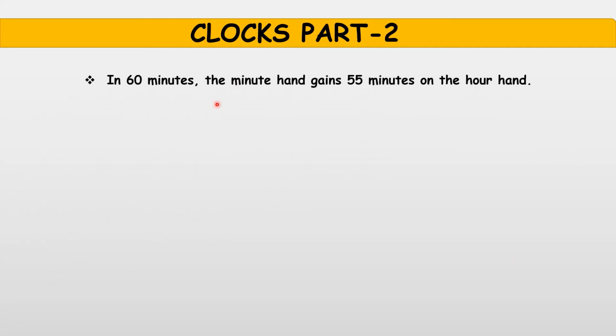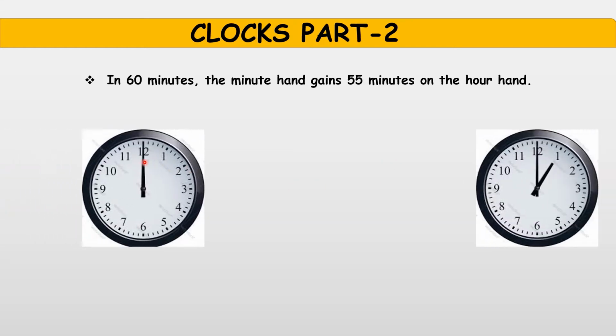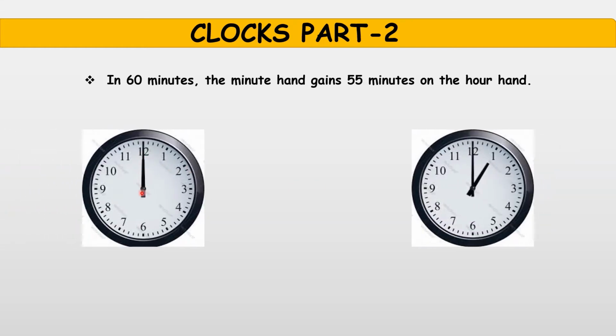In 60 minutes, the minute hand gains 55 minutes on the hour hand. Consider 12 o'clock and 1 o'clock as base points. At 12 o'clock, both the hands are together, so the minute hand has gained nothing, so here it is 0. When it goes to 1 o'clock, the minute hand covers 60 minutes, whereas the hour hand covers 5 minutes of distance.